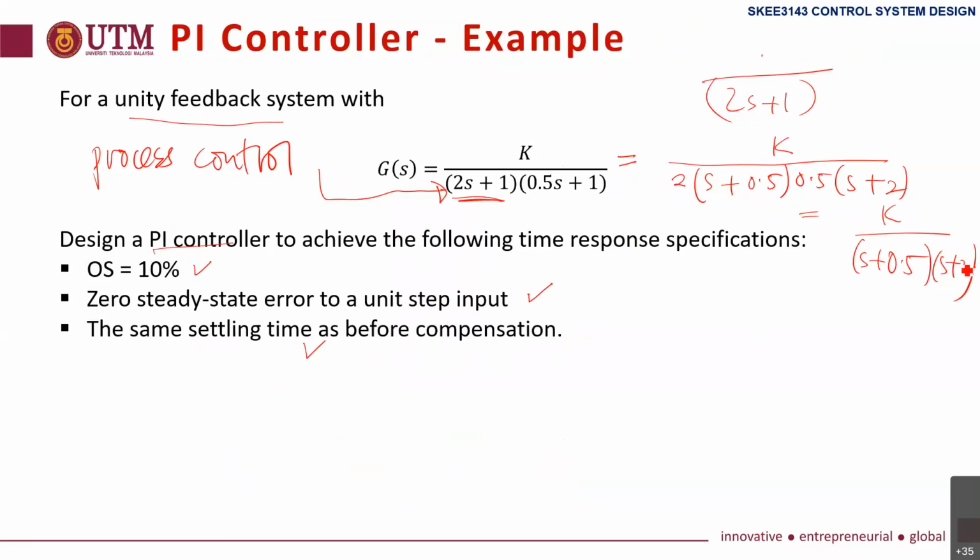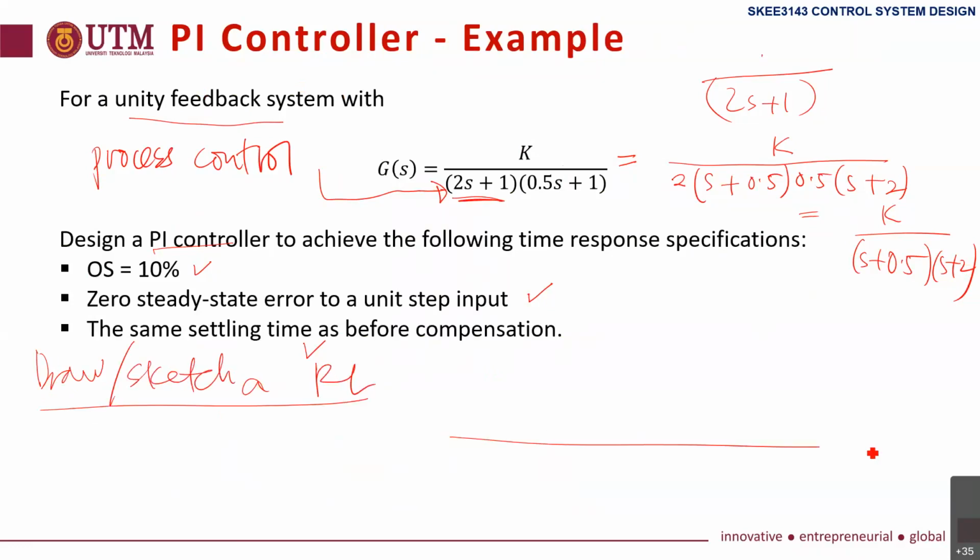The system here is mentioned as a unity feedback system. So we can draw, or sketch, a root locus. Here we get minus 0.5 and minus 2.